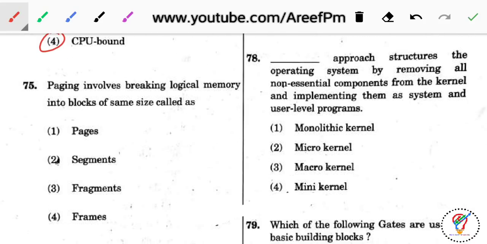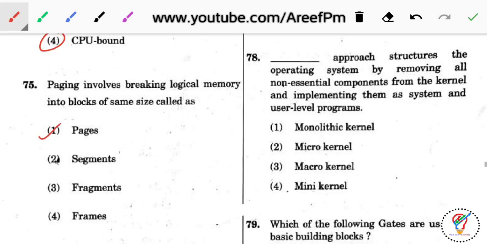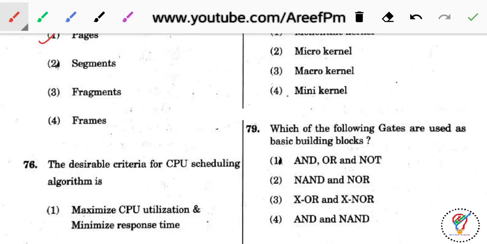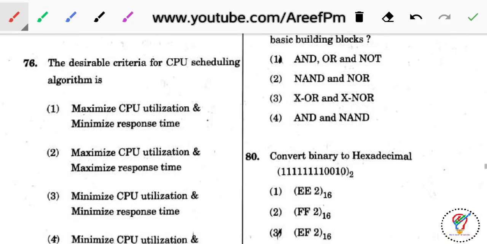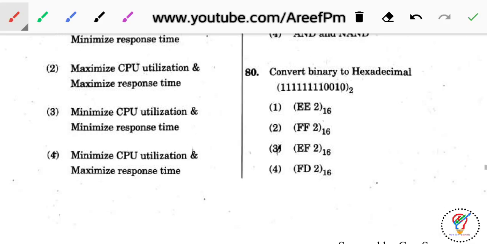Paging involves breaking the logical memory into blocks of the same size called pages. Now 76th question. The desirable criteria for a CPU scheduling algorithm is to maximize CPU utilization and minimize response time. So that's the answer for this question.